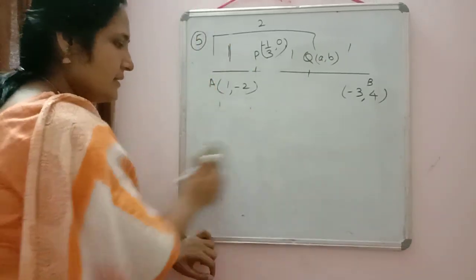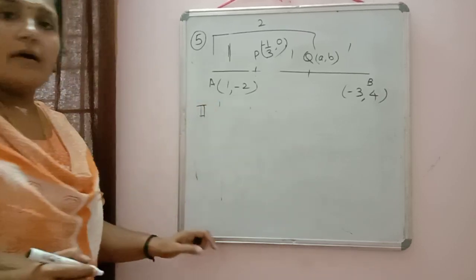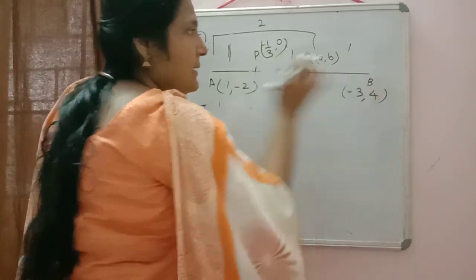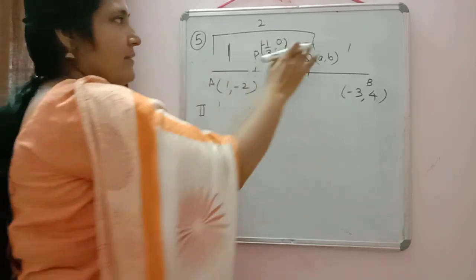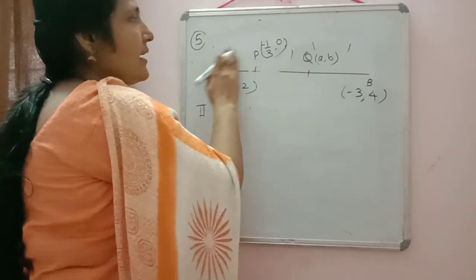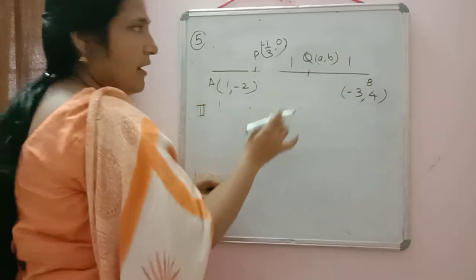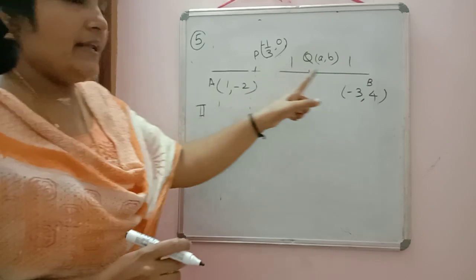Now, the second method to calculate the coordinate of Q: Q divides PB in the ratio what? 1:1 only. And already we got the x coordinate and y coordinate of P. So we have Q divides PB in the ratio 1:1.